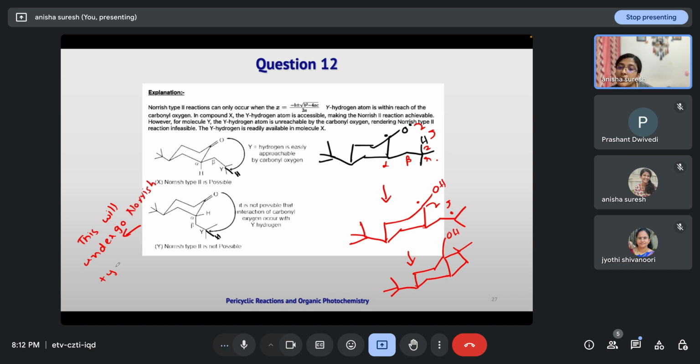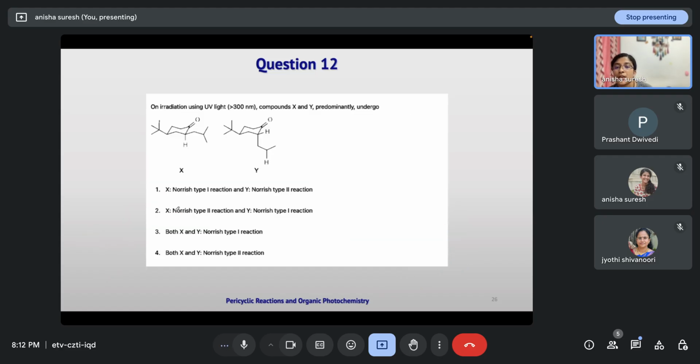So out of these, one is undergoing a Norrish type 2 because of the proximity of this gamma hydrogen, and this will undergo a Norrish type 1 reaction. So option 2 will be the right answer.